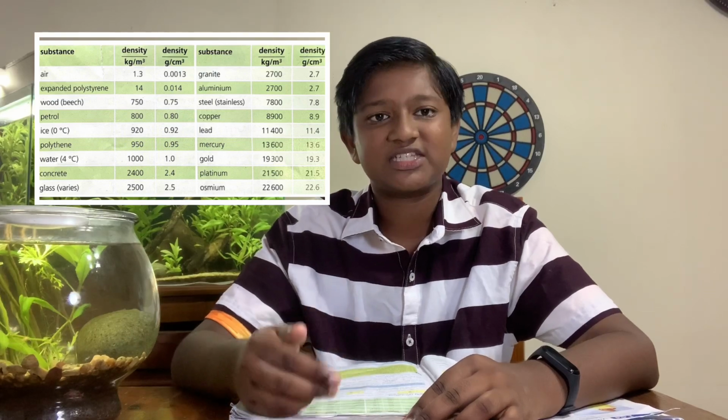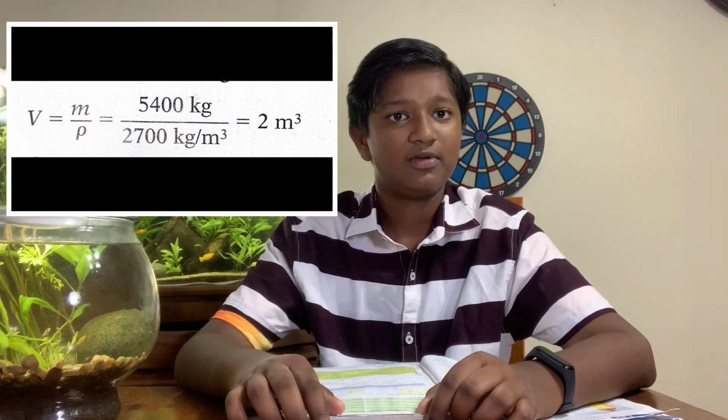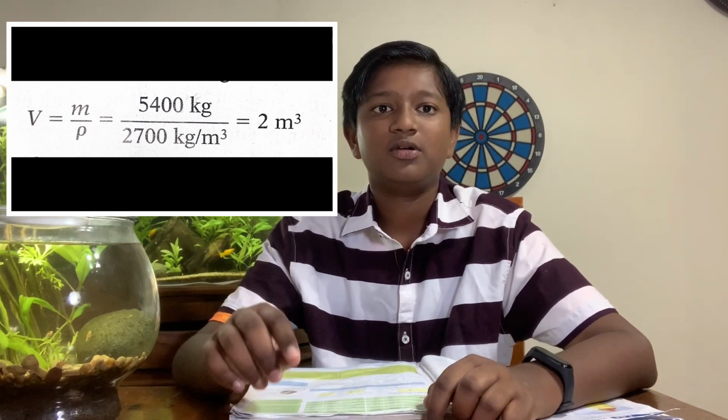First, we need to find the volume of aluminum. To find the volume, we know that it is M over P, which is mass over density. We know the density as it is given, which is 2,700 kg per meter cube. So to calculate the volume, we do 5,400 kg over 2,700 kg per meter cube, which equals 2 meter cube.